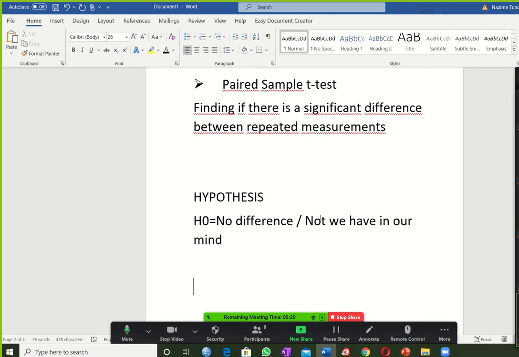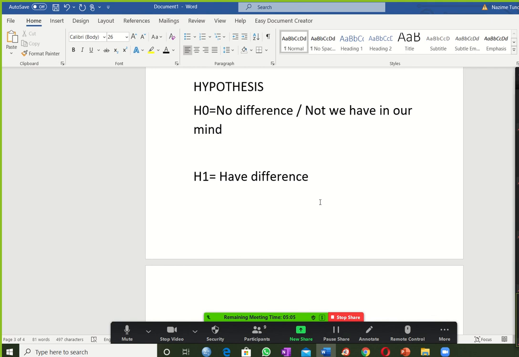So the idea in our mind is H1, and the idea opposite of our idea is H0. H0 says this vaccine will have no difference, no effect. And H1 says yes, the vaccine is good and will be effective. H1 has a difference.